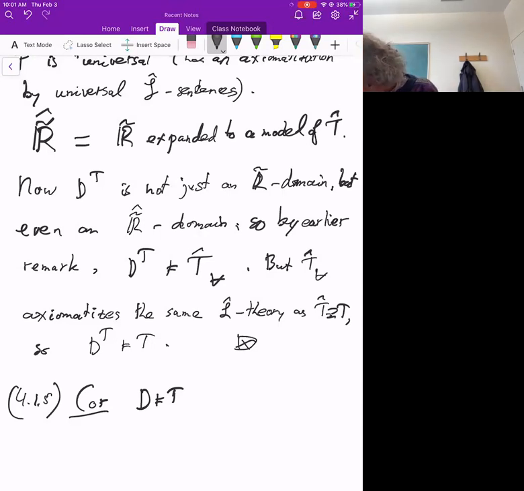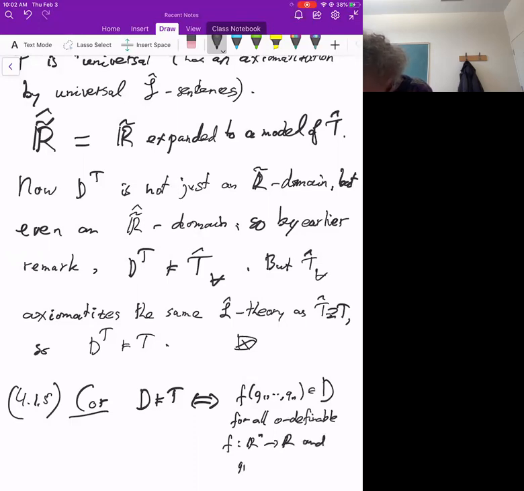This is exactly if and only if, in the result of that lemma, D is closed under all these new operations F(t1, ..., tn) in D, for all zero-definable F from R^n to R and t1 to tn in D.